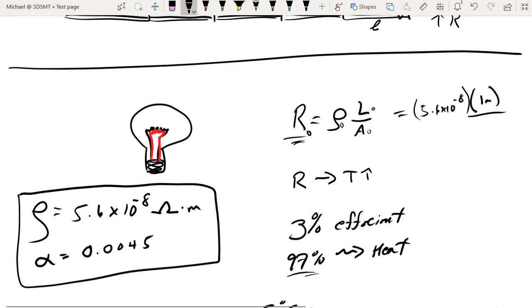And then for the cross-sectional area, this coil can be almost between a tenth and a hundredth of a millimeter in diameter. And so for the radius, we actually need an extra zero in there.